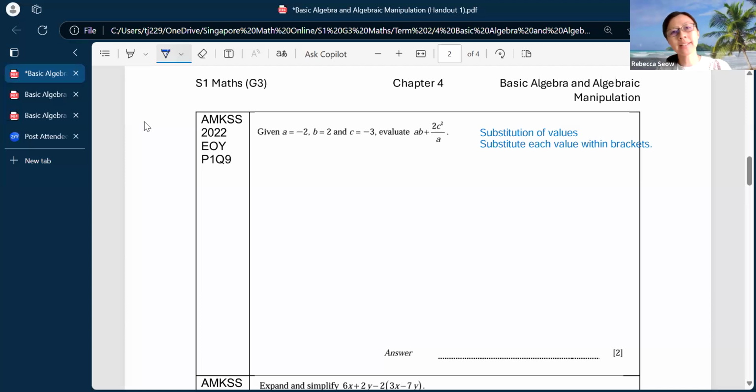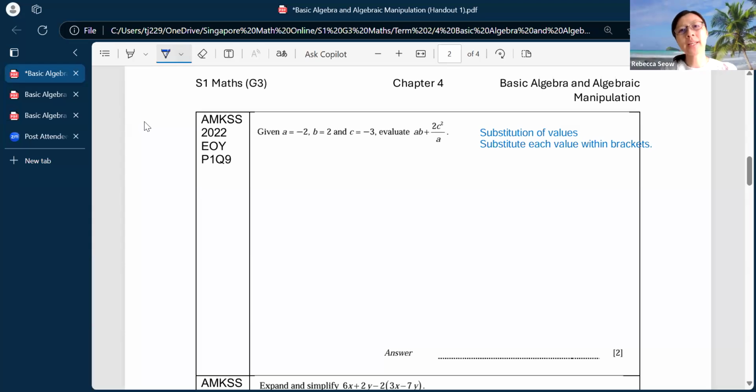What I'm trying to say is that when we substitute all these values of A, B, and C into the expression, any substitution that takes place, put these numbers within the safe space of a bracket. We do not want to compromise on our answer when we have squares, cubes, and certain powers that might affect the answer due to its negative nature, especially negative numbers.